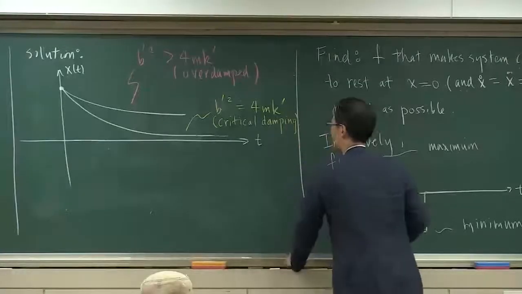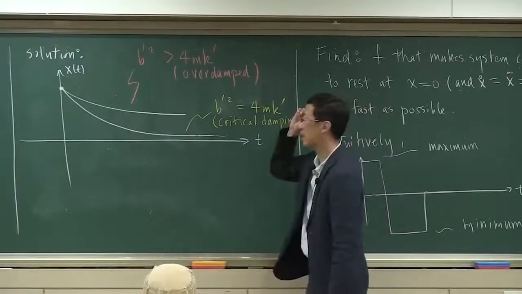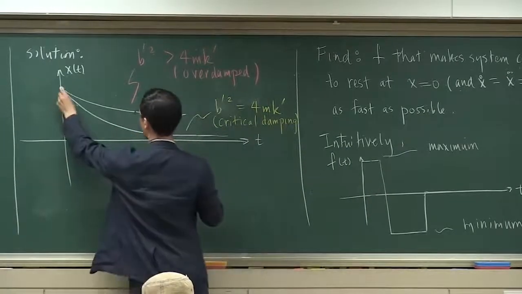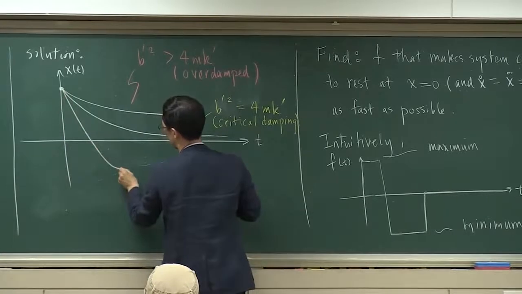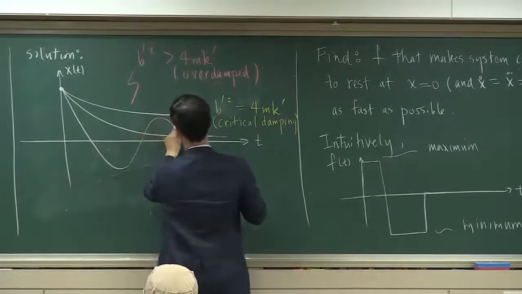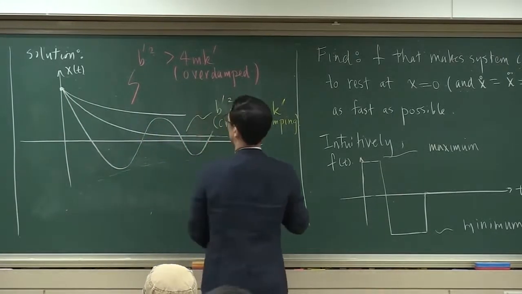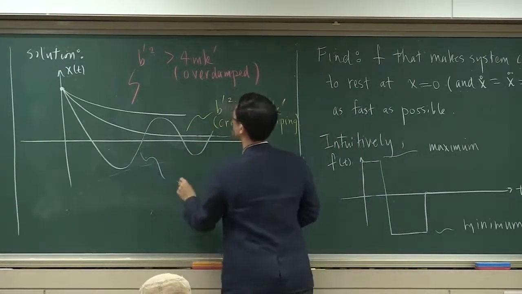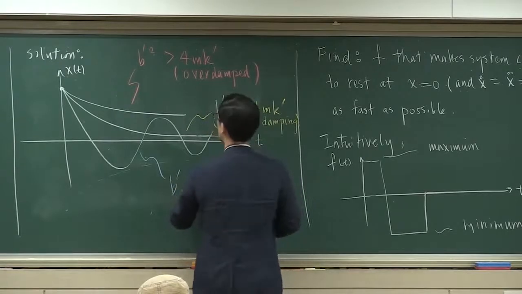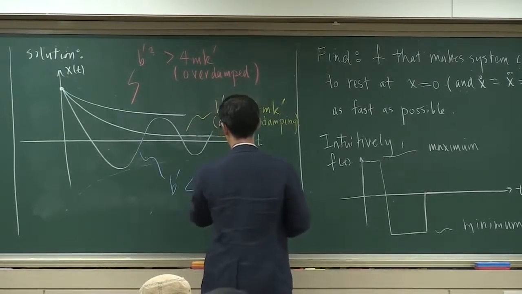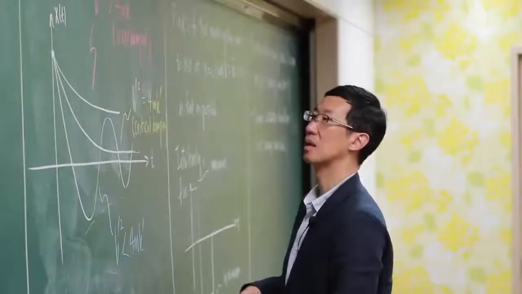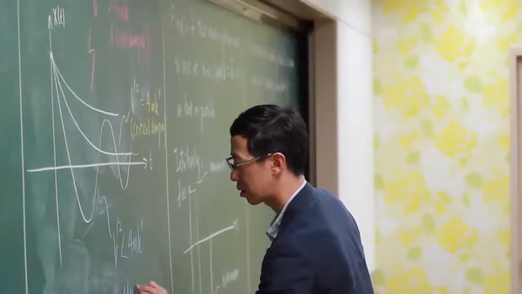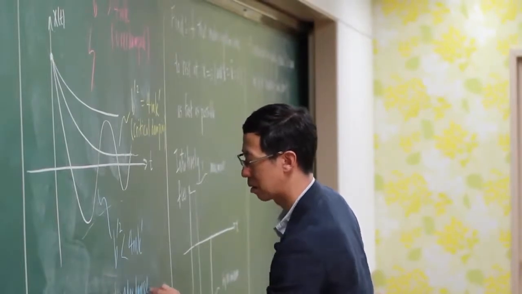Finally, when b prime squared is less than 4 m k prime, we have something like this happening. And this is the underdamped case. There's not enough damping, so there's oscillation.